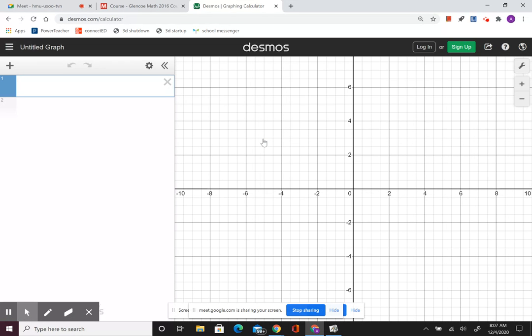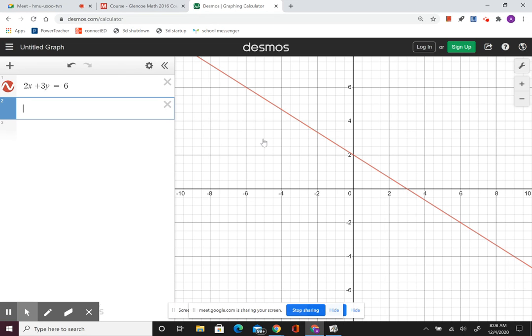So if you want to check your slopes that they give you, like they give you an equation and you look at the graph and you calculate out the slope, but you don't know if your graph is that accurate, you can go to Desmos and type in an equation, and it doesn't even have to be solved for y. You can type it in just like this, and it will graph it for you.